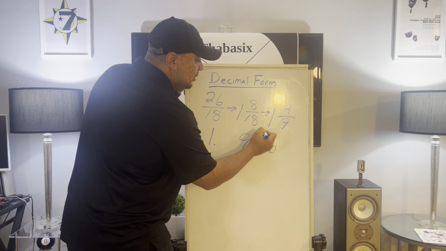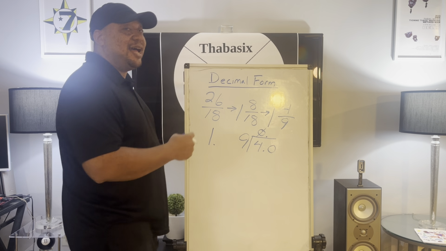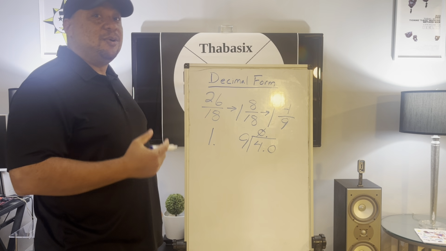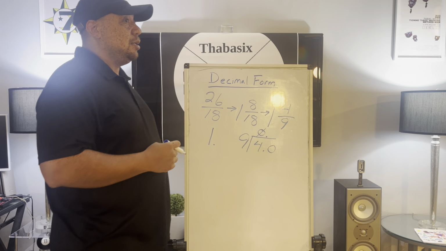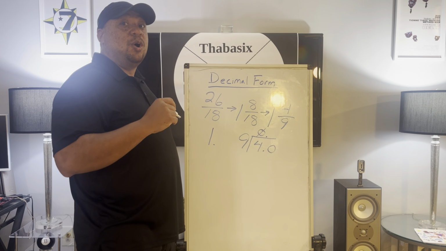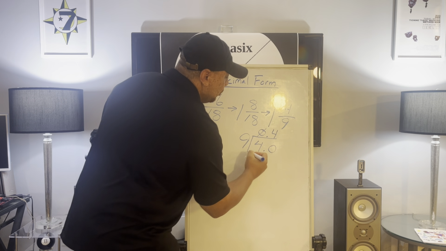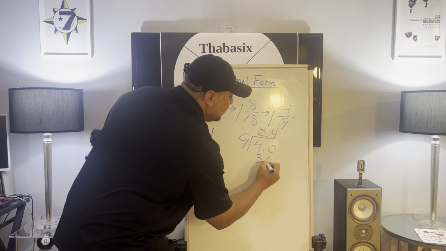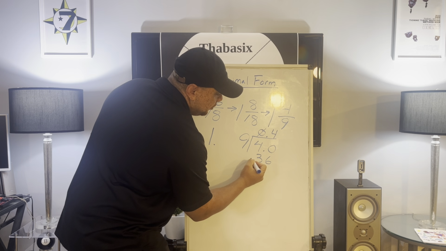I'm going to write that nice 0, with a line through it so you know it's 0. How many times does 9 go into 40? That's what you have to think about. 9 times what equals something less than 40? That's 9 times 4, which equals 36. So you write the 36 here. You don't have to write the point. You're just going to take this as a value of 40.